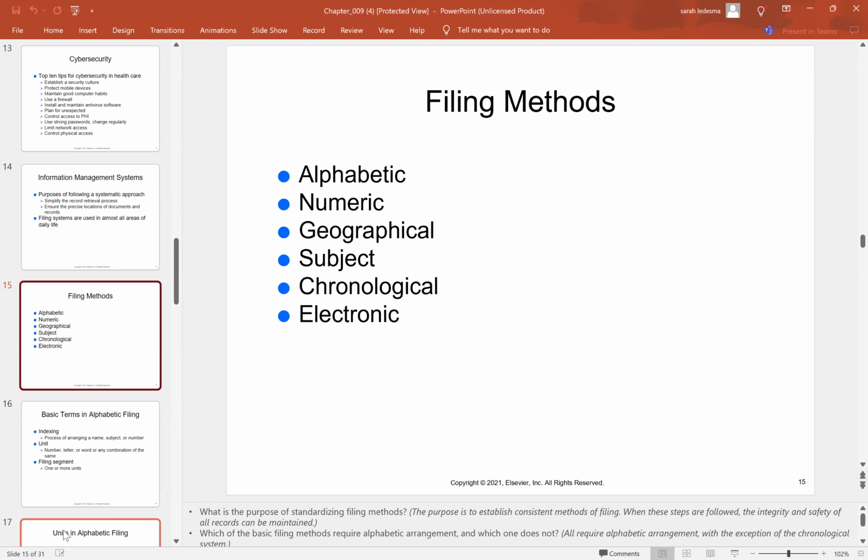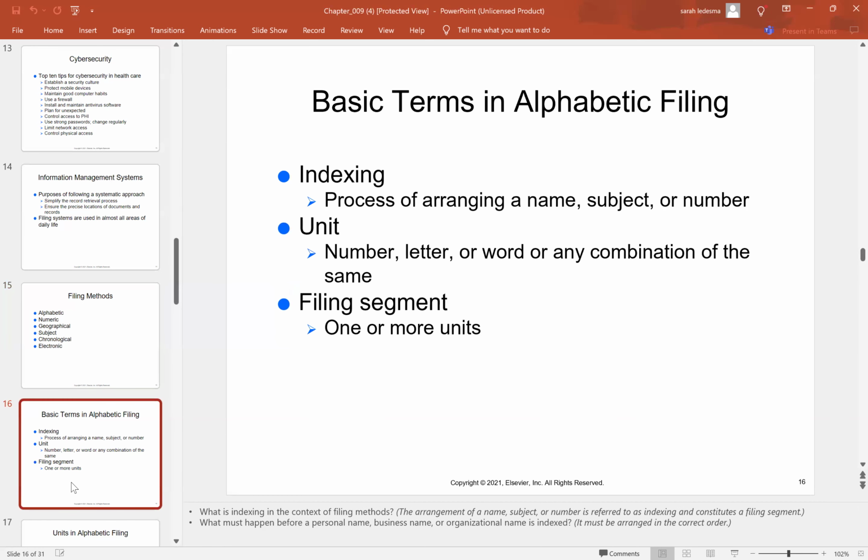Some of the filing methods we'll talk about are alphabetical, numeric, geographical, subject, chronological, and electronic. Some basic terms in alphabetical filing include indexing, which is the process of arranging a name, subject, or number, unit, number, letter, or word, or any combination of the same, and filing segment, one or more units.